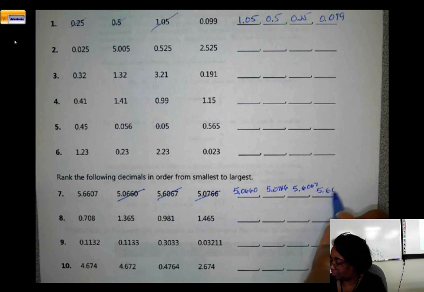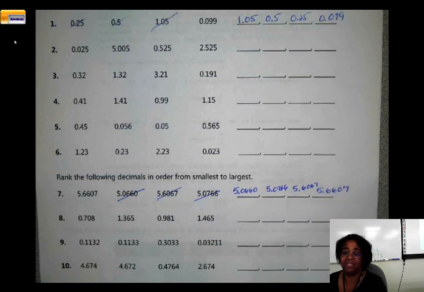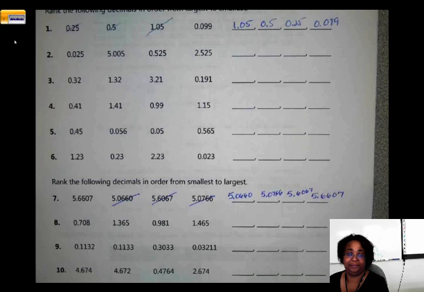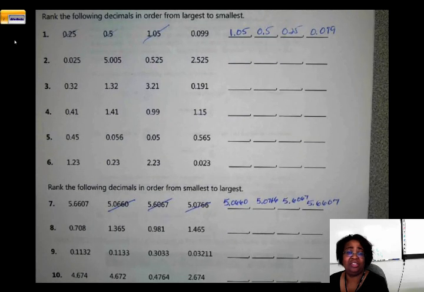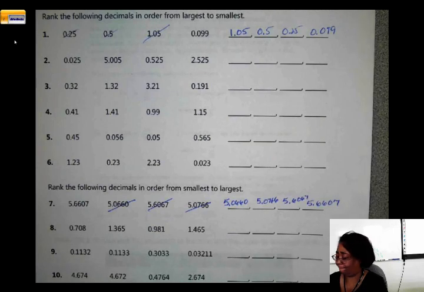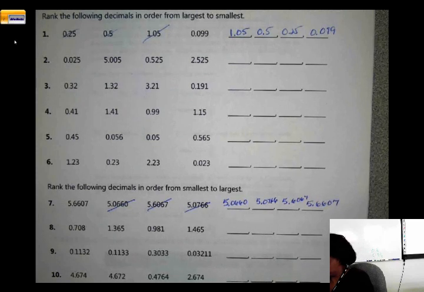So be sure to put them in the correct order. So there's an example there for you for smallest to largest. Smallest to largest and largest to smallest. Be sure to read the instructions so you know which way you need to go. Okay? That takes care of page 5.